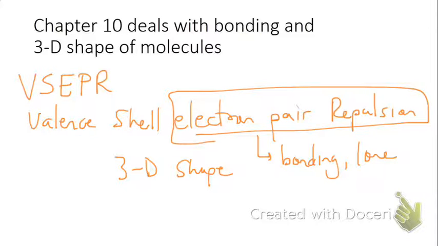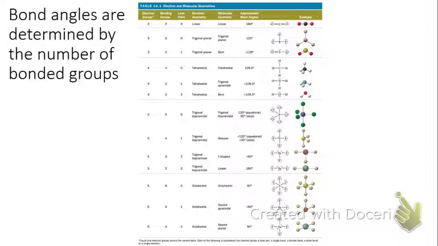Because of the repulsion, these molecules take on distinctive shapes. And I will tell you, this table 10.1 might be kind of hard to see here, but open up your book and look at table 10.1. It's going to be very important for what we're going to do. There are 2 different types of geometries: electron geometry, and molecular geometry.